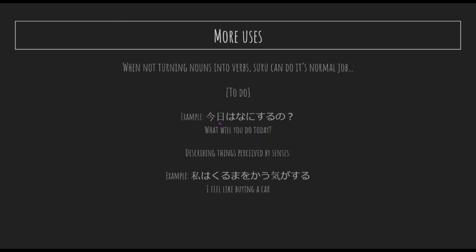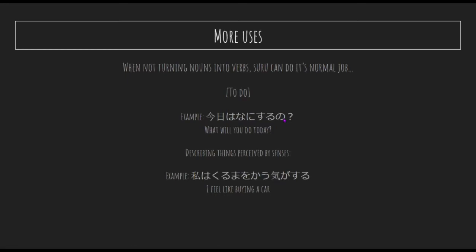Wa here is the topic marking particle, so we're talking about today. Nani means, of course, what, and suru is to do. Here the no is like an explanation marker, which I will discuss in more detail in a later lesson. But all you really need to know here is that it's used in a casual sentence when you're asking questions.